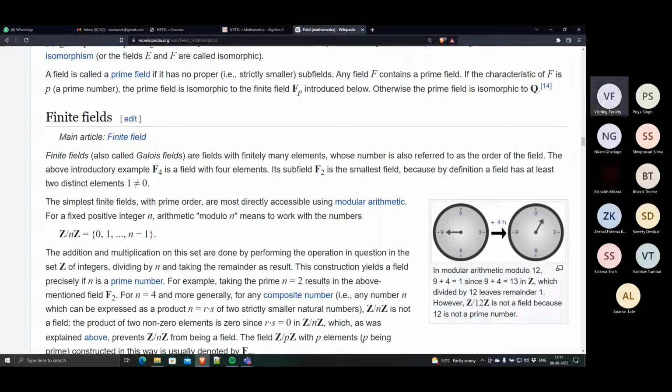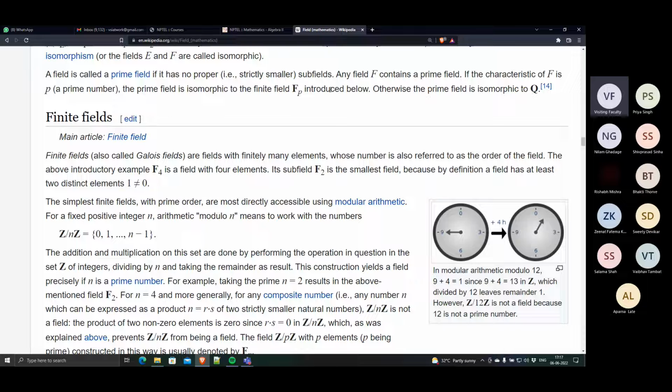Okay, so we will see in the next lecture, this will be the first thing that we prove, that the characteristic of any field can either be 0 or a prime number, nothing else. Okay, the characteristic of a field cannot be 6. 6 is not a prime number. Okay, so it is like this.